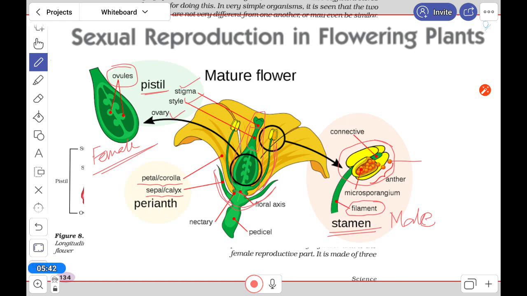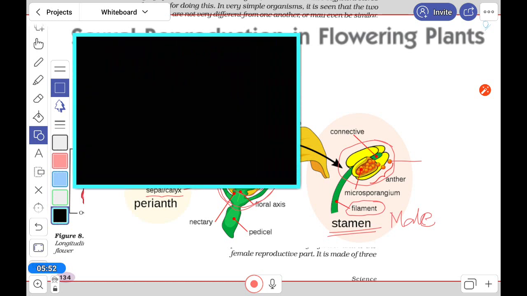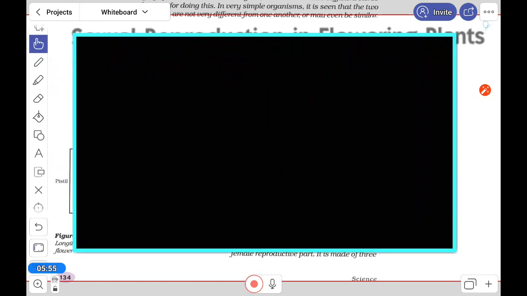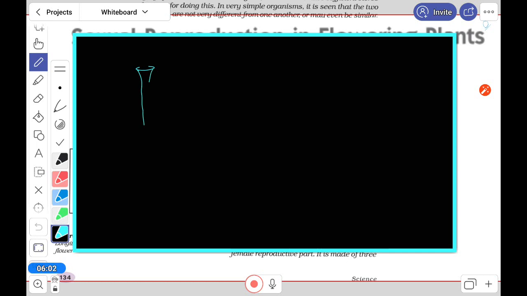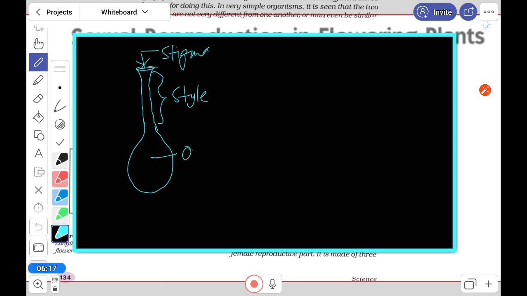Now about the pistil and the carpel. Let me take one board here. Now look at here. If I show one female part, here it is the stigma, this area is the style, and this is the ovary.